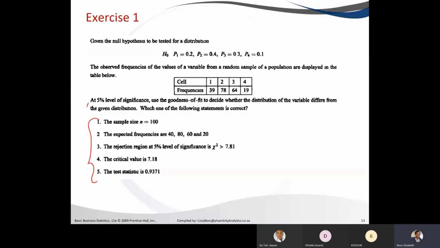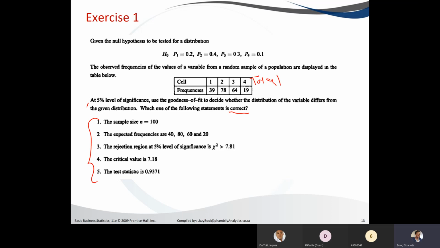So these are the same as your hypothesis testing steps that I just did. But in this instance, there are options where you need to use each step to find out whether one is correct. So the sample size N is 100. What they're asking you is whether the total is 100, so you need to add all of these values.